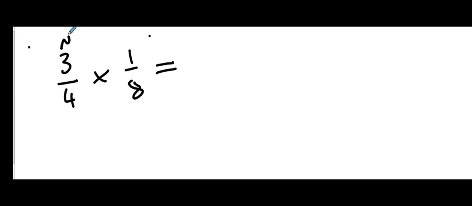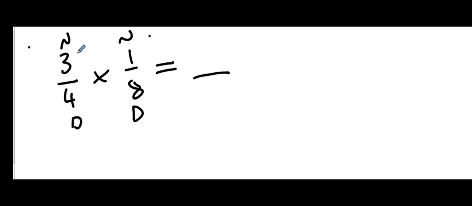In the demonstration, we'll use the example of 3 over 4, and we'll multiply that by 1 over 8. When we go to multiply fractions, it's very simple. We are simply going to multiply our numerator by our numerator and our denominator by our denominator.